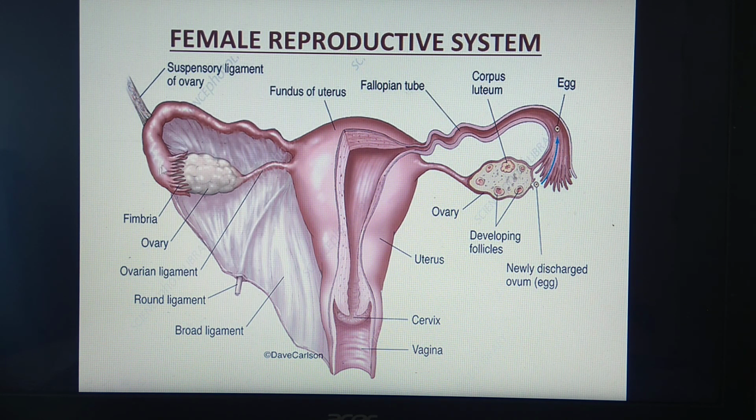These 2 ovaries are situated in the upper border of the pelvis, below the fallopian tube, one on either side of the uterus. They are supported by the broad ligament and the ovarian ligament. The ovary is the primary sex organ concerned with formation of the egg or ovum.